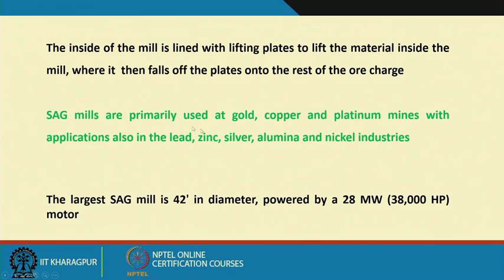If you look at this, you see that all the minerals I have mentioned here have very low grades in your feed material. So, when the grade is less, I have to process a large quantity of material per unit time to get my desired quantity of metals.